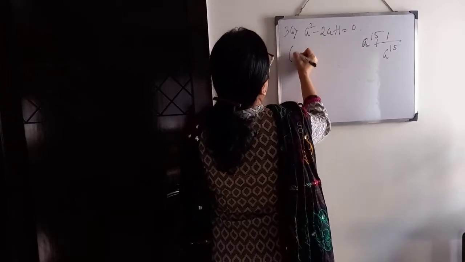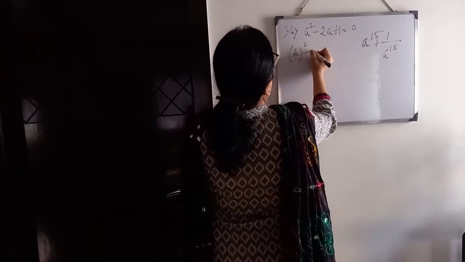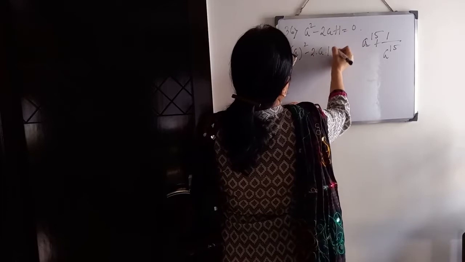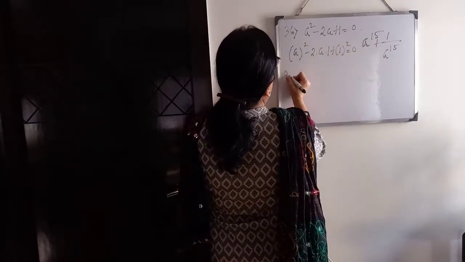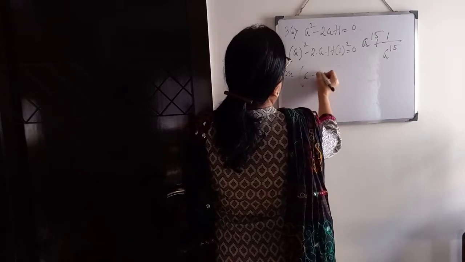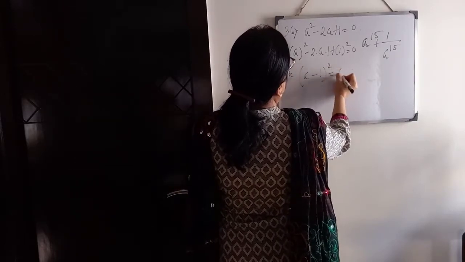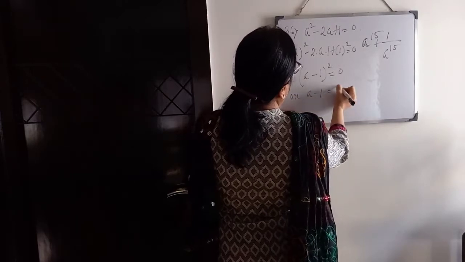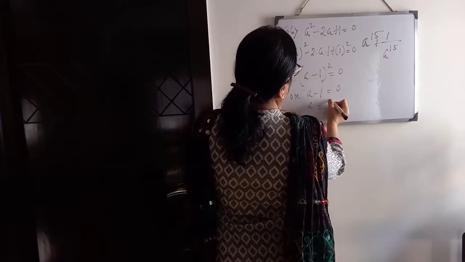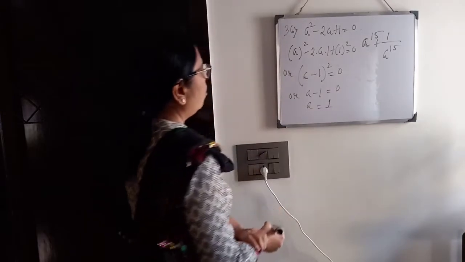It is in this form: a square minus 2 into a into 1 plus 1 whole square equal to 0. Or we can write a minus b whole square equal to 0, or a minus b equals 0. That means from here we are getting the value of a as 1.